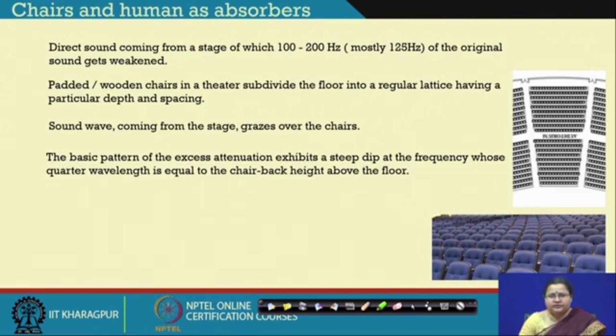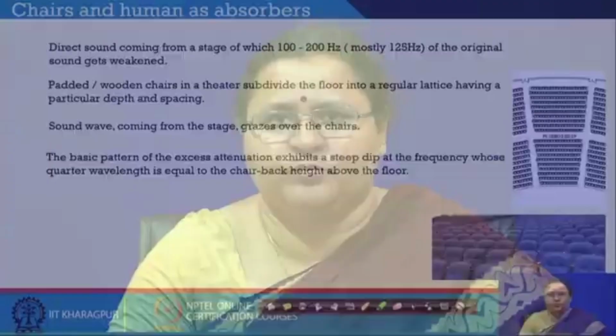Not repeating the anthropometry, we have seats at around 450 millimeters and backs around 500 to 600 millimeters. If you go back to the table in my previous lectures, you will see 125 hertz has a wavelength of around 8 feet.